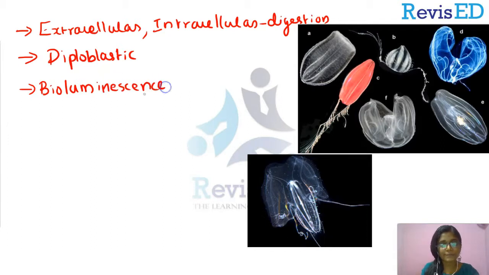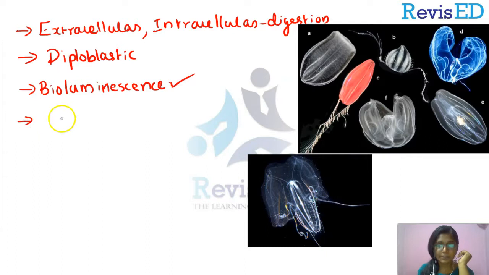What is this? It is the ability of an organism to emit light. Bioluminescence is observed in a number of animals only, and these ctenophores show a marked bioluminescence. They have the ability to emit light. So, bioluminescence is a marked property among ctenophores.